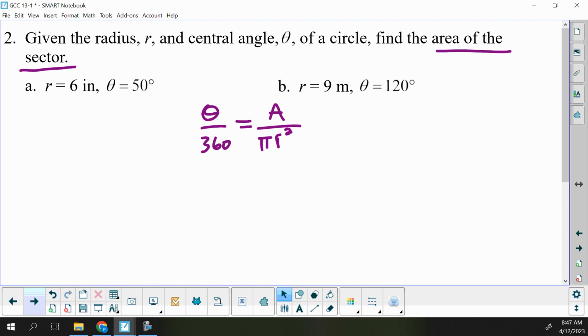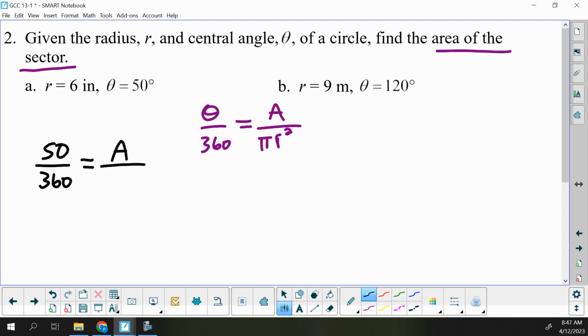Once you know your proportion, we're just filling stuff in and cross multiplying, so it's not too much different than the other ones. So theta's 50, so I have 50 over 360 equals our area of the sector we don't know, and we'll have pi times 6 squared.